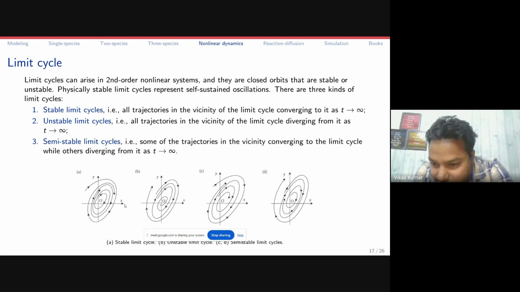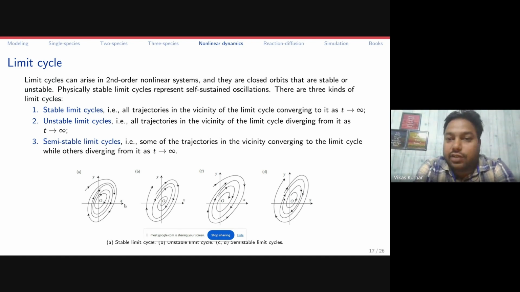No, they are diverging from outside. Okay, this is a different diagram. So if from one side it is converging to the limit cycle, this is semi-stable, and in the unstable case, it diverges from both sides. Like from the inside it is diverging, and from the outside it is diverging.